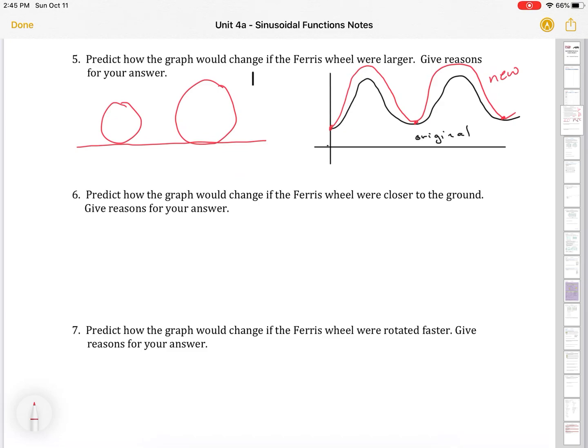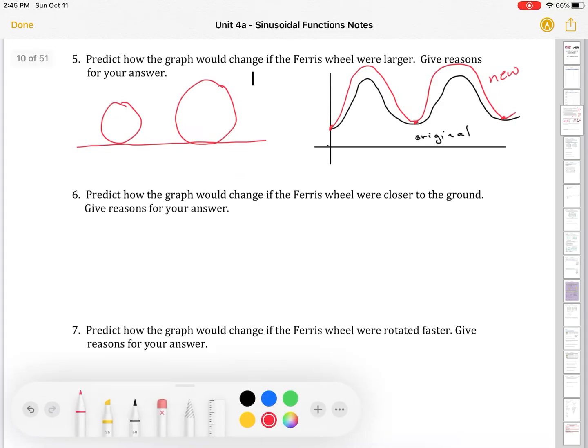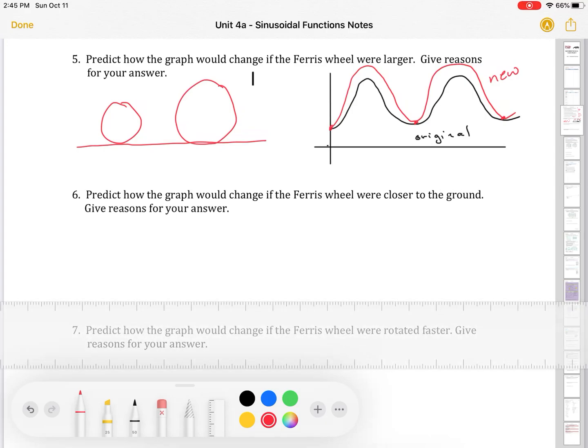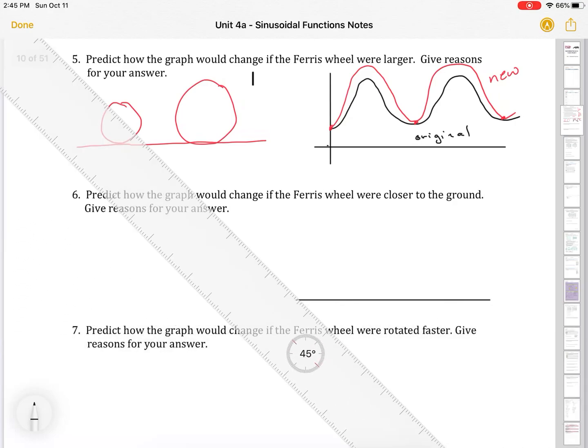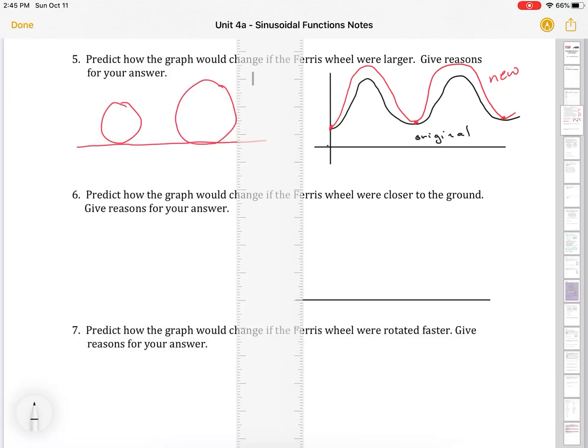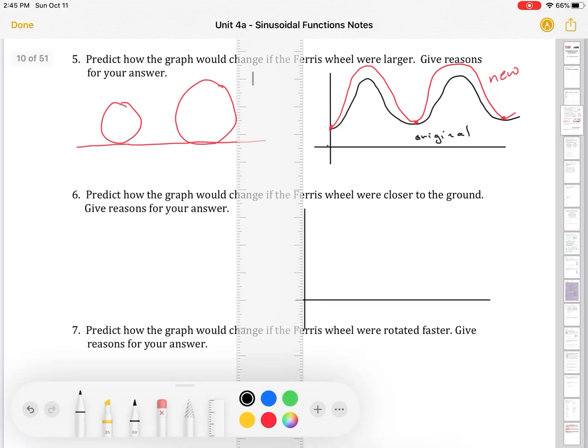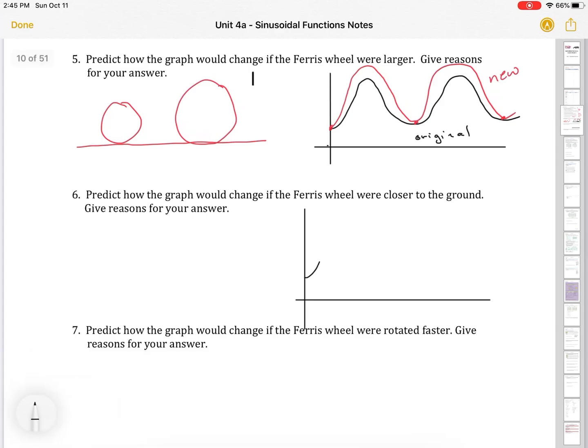Predict how the graph would change if the Ferris wheel were closer to the ground. So let's think about that. So we have our sketch. So our original kind of looks like this. Okay.